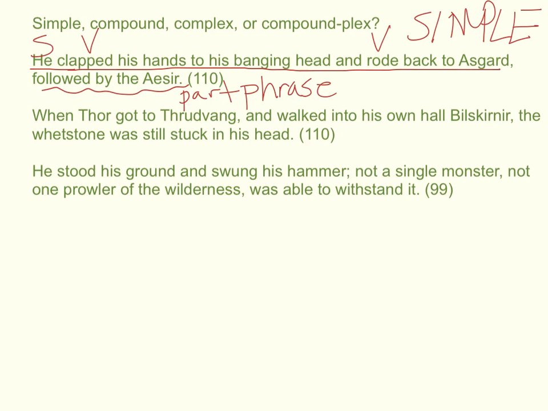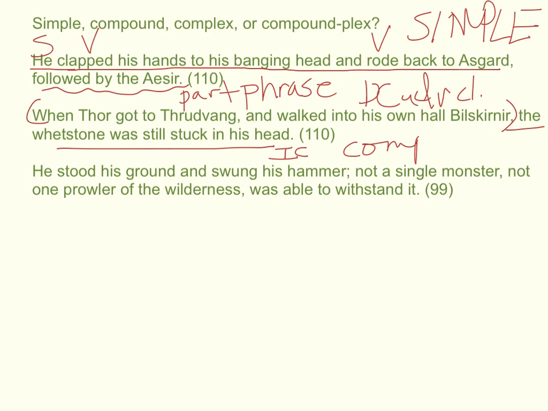When Thor got to Thrudvang and walked into his own hall, Bilskirnir, the whetstone was still stuck in his head. So here's our independent clause. Here is a dependent clause. It's a compound verb dependent clause, an adverb clause. So one dependent, one independent makes it complex.